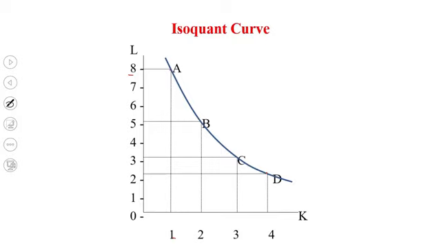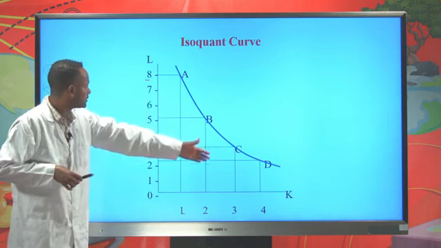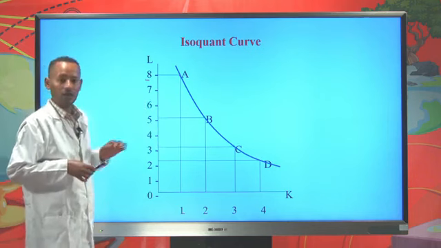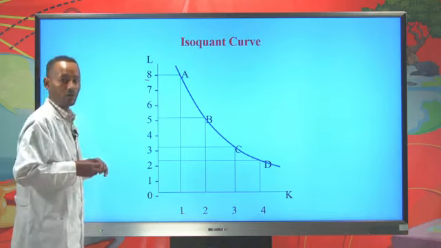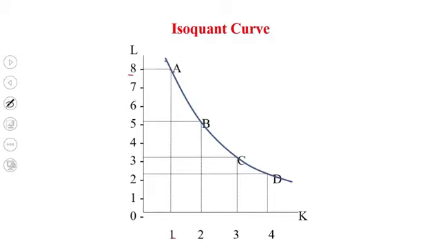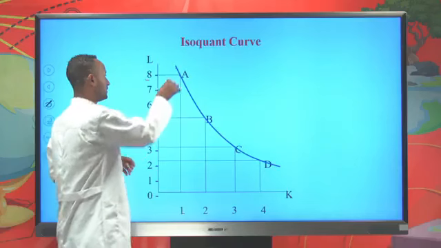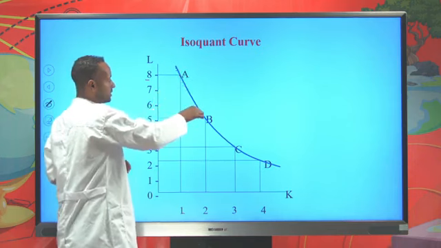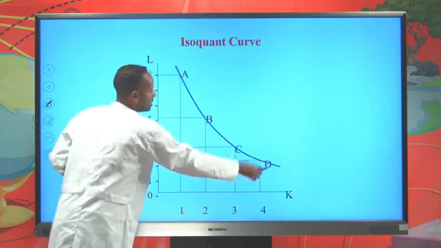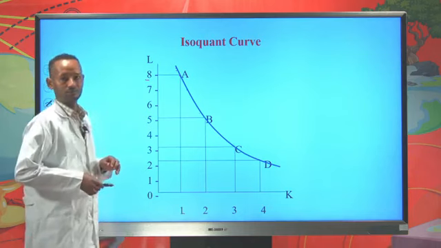So this isoquant curve, simply the isoquant, shows the various combinations of the two variable inputs, labor and capital, that give the producer an equal level of output. Any point on the isoquant represents an equal level of output. If the output is 60 quintal at this point, it is 60 at this point, and again it is 60 at this point.